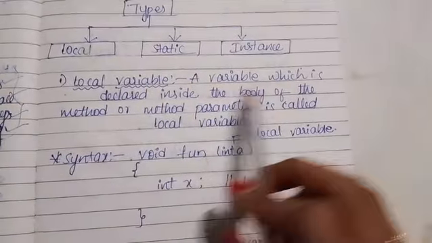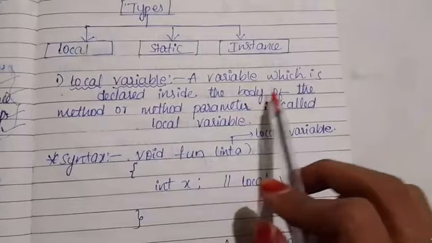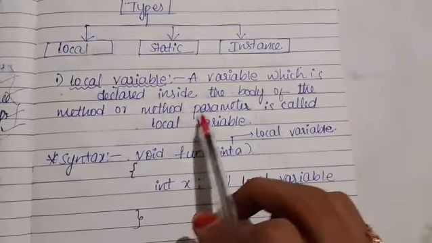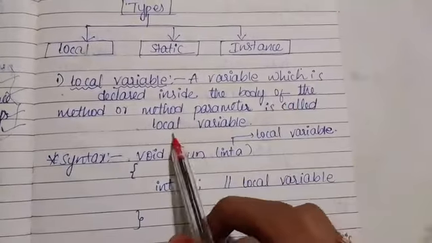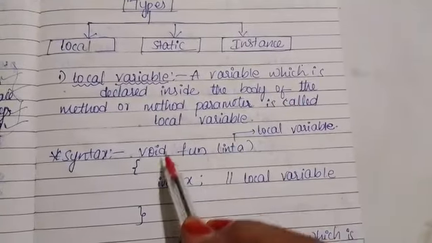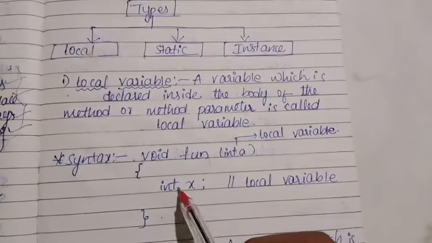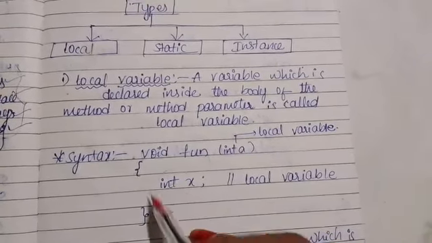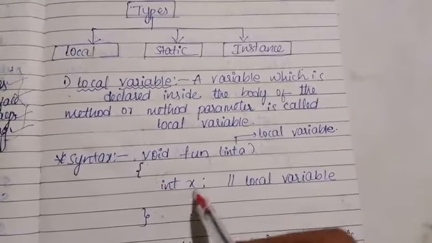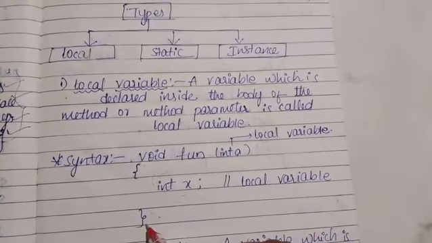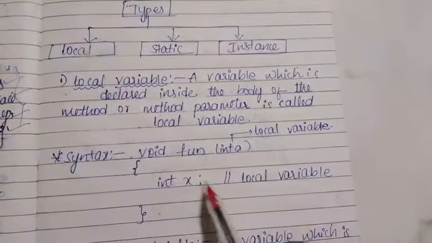A variable which is declared inside the body of a method or a method parameter is called a local variable. It is declared inside the body of the method. This is called a local variable.